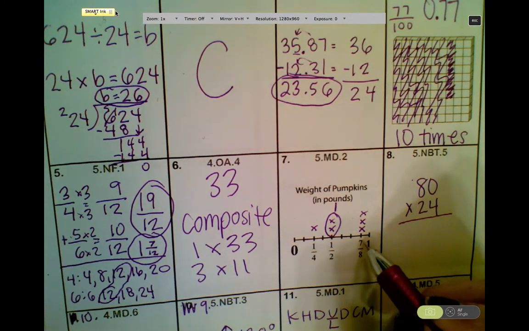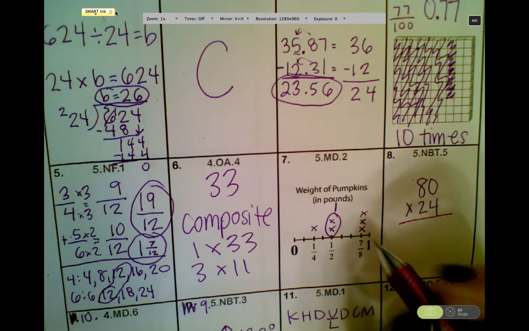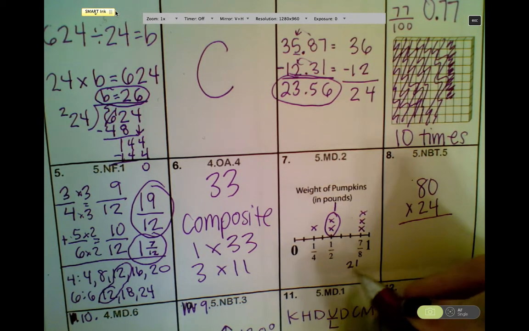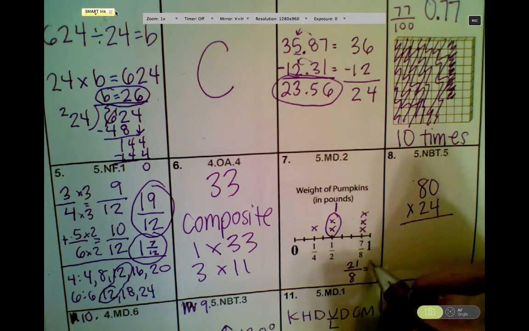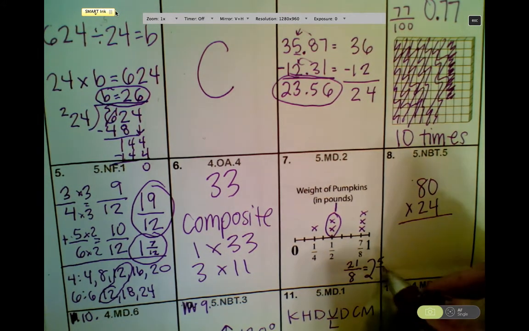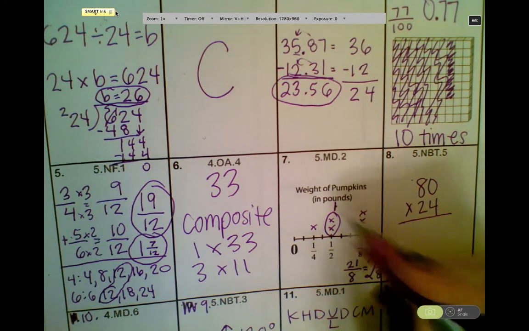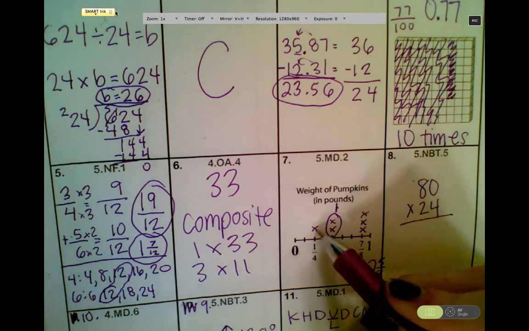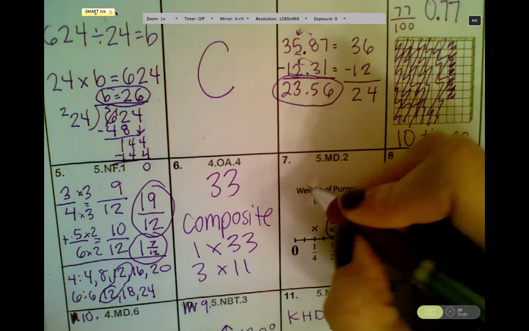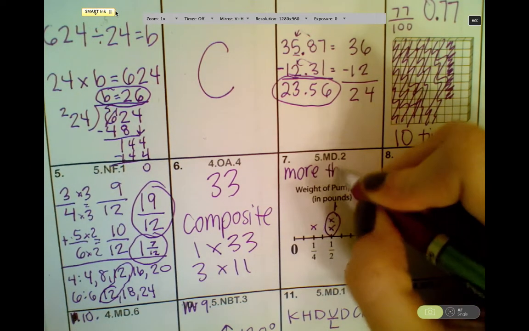I also know that 7/8 plus 7/8 plus 7/8 equals 21/8. And if I change that to a mixed number, it's 2 and 5/8. So already I have 1 from here plus 2 and 5/8. I already have more than 3 plus that 4th over there. So I'm going to say it is more than 3 pounds.